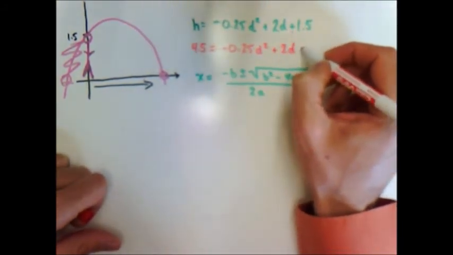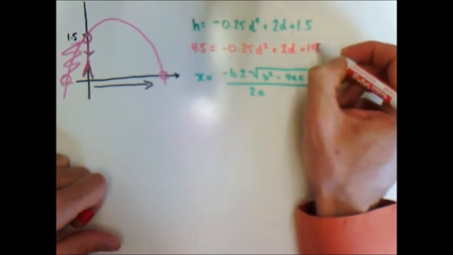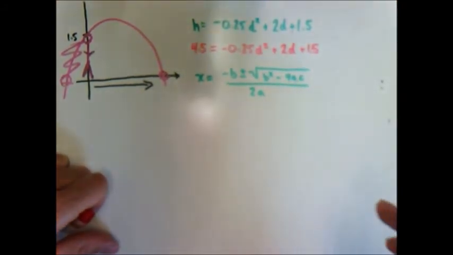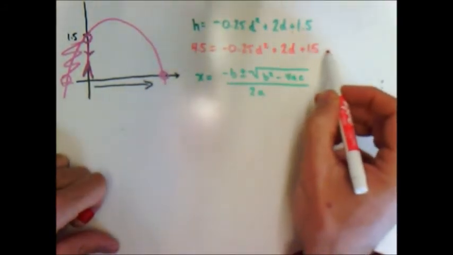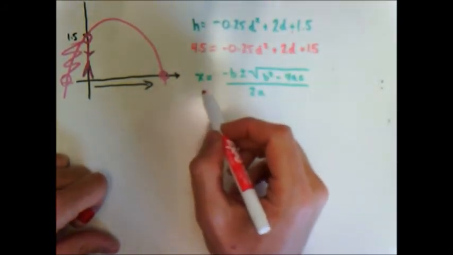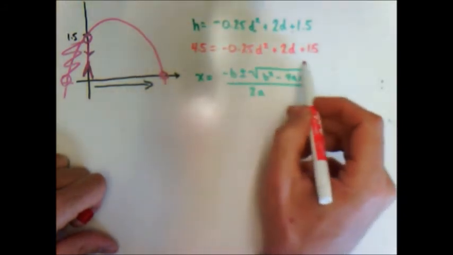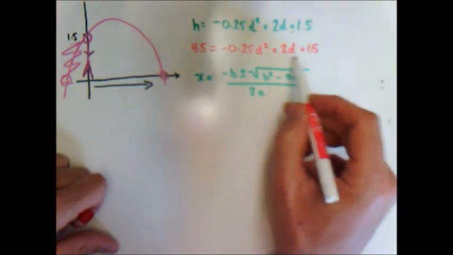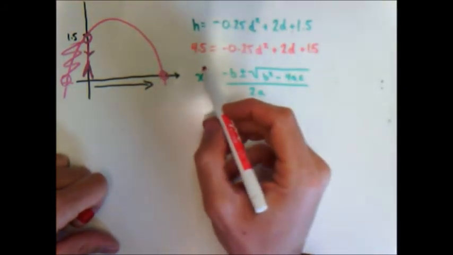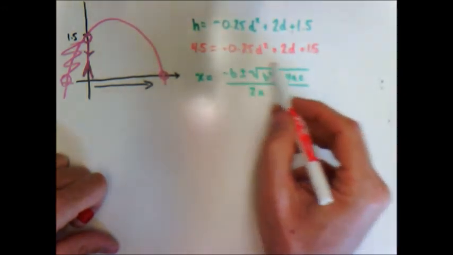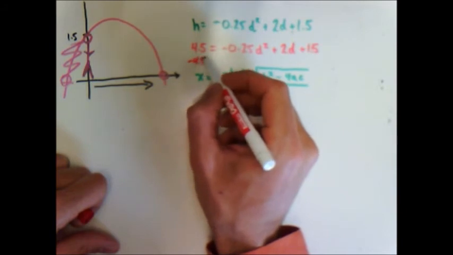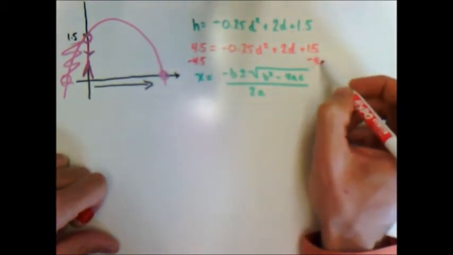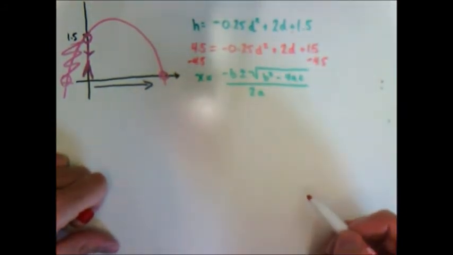So the right side of my equation doesn't change just yet, 1.5. But this isn't in the form that we're used to putting in the quadratic formula. In fact, this won't work. If I plug in the same numbers as before, I'm going to get the same answer as before. We need to have this set equal to 0. In order to do that, we need to subtract 4.5 from both sides of the equation.